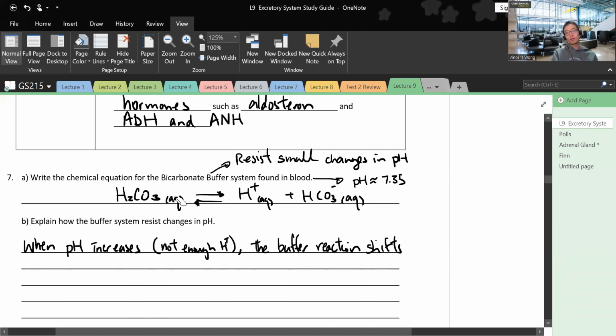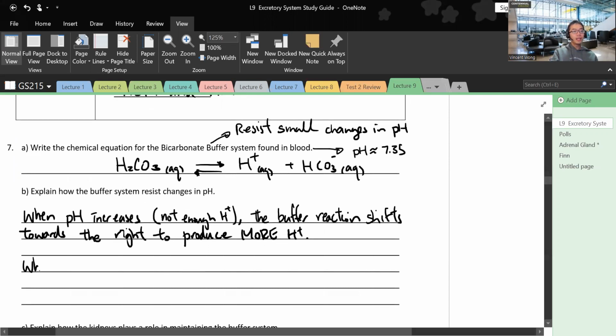If you don't have enough H+, do you want to move towards the right or towards the left? Yeah, exactly, Mavis. The buffer reaction shifts towards the right side to produce more H+. Right, Ahmed? If you shift to the right, you make more of what you need. If you shift towards the left, then you end up using the H+. We don't want to use them. We don't have enough.